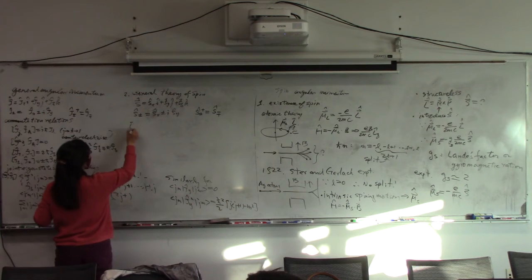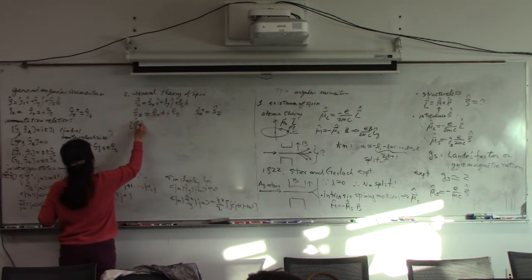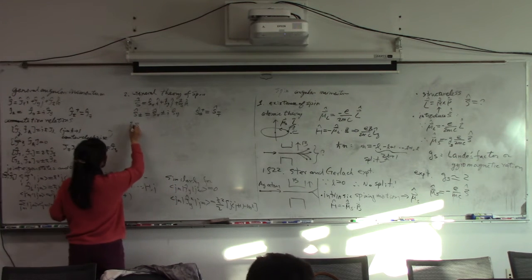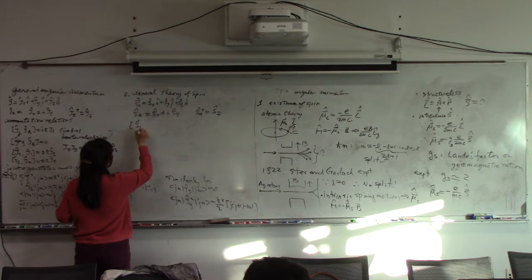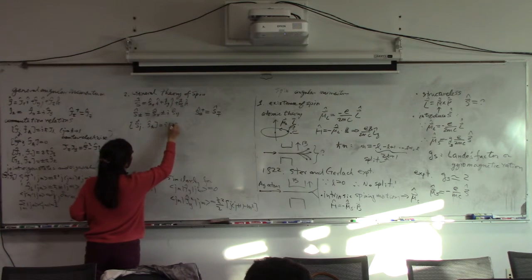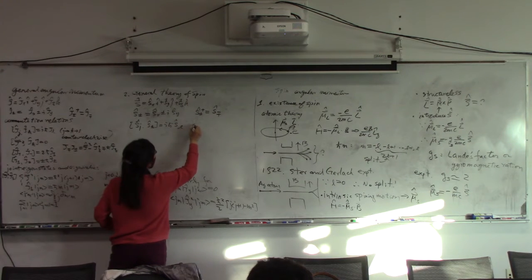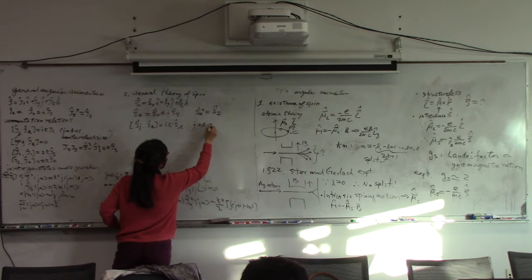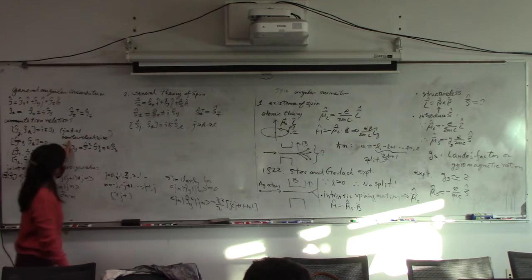Same thing here. So the commutator of Sj and Sk is i h bar Sl, and follow the same thing: j, k to l, we follow the counterclockwise.